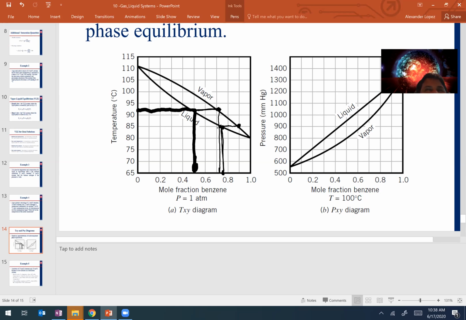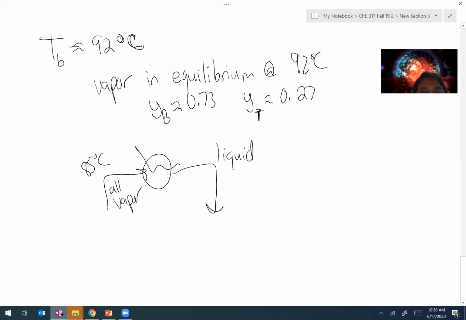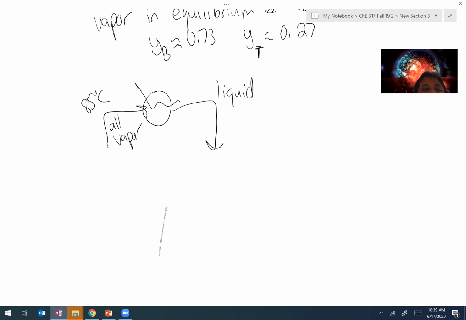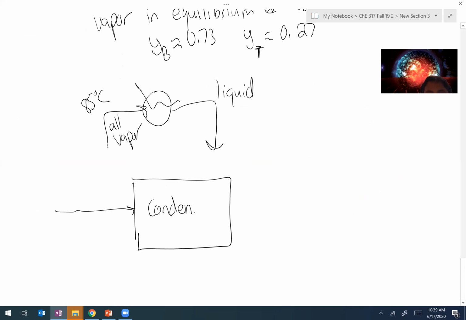The true answer, if I'm going to be completely honest, is it largely depends on the type of condenser. And we can take a look and see why. So let's put it this way.